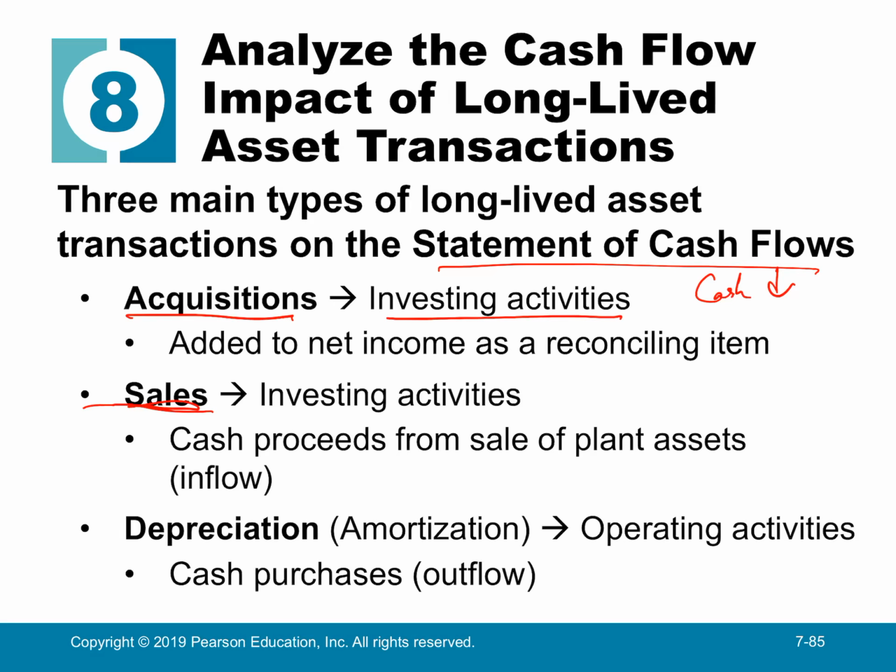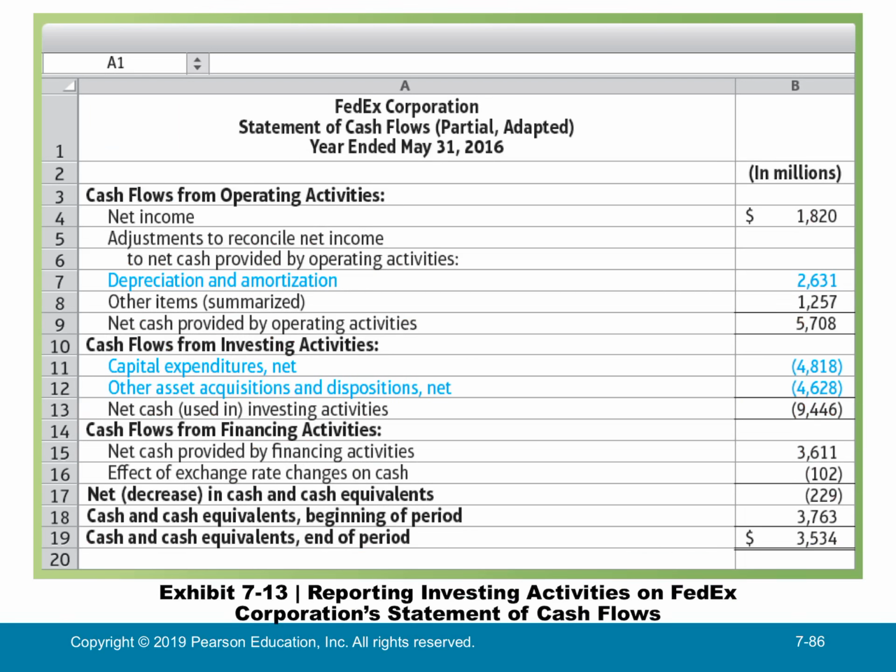If we sell an asset, it's also an investing activity, right? Cash goes up. If we depreciate an asset, or amortization, this is part of our operating activities section. All of this is going to make a lot more sense once we get into the statement of cash flows, but this is just a good touching base.